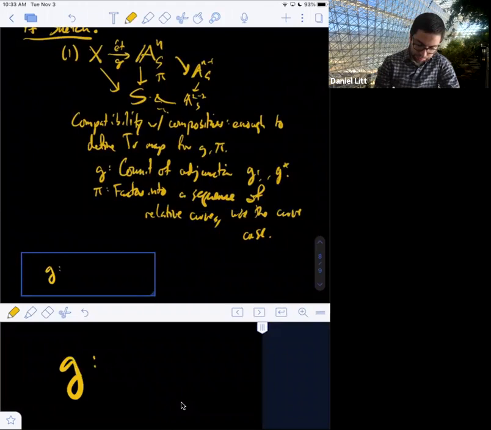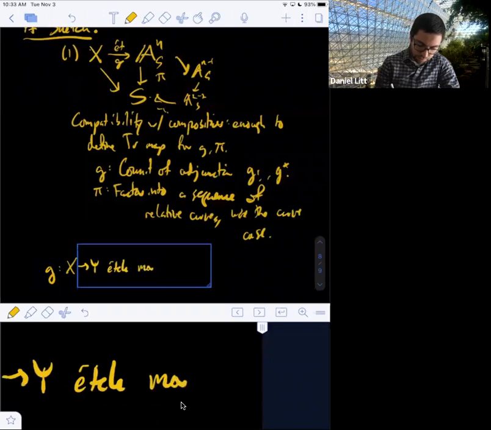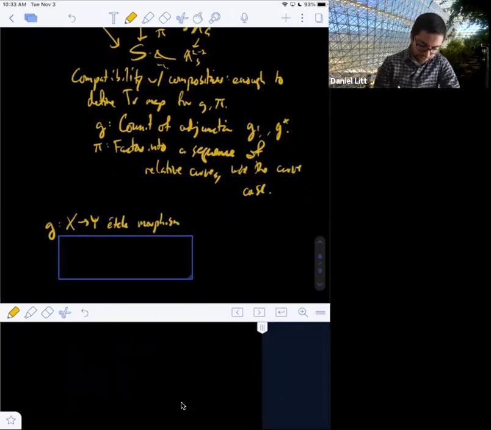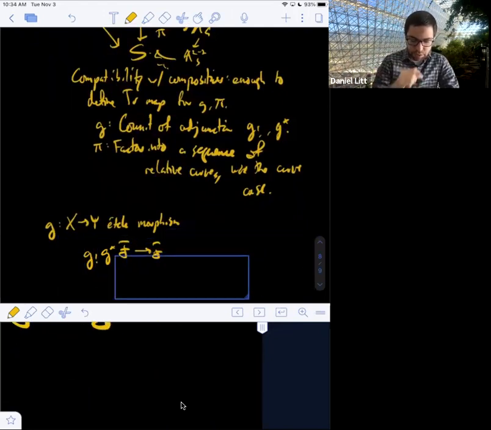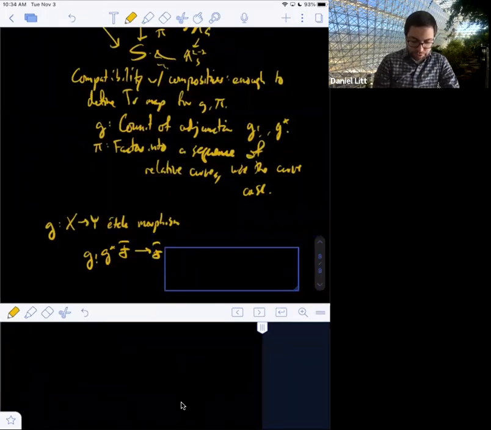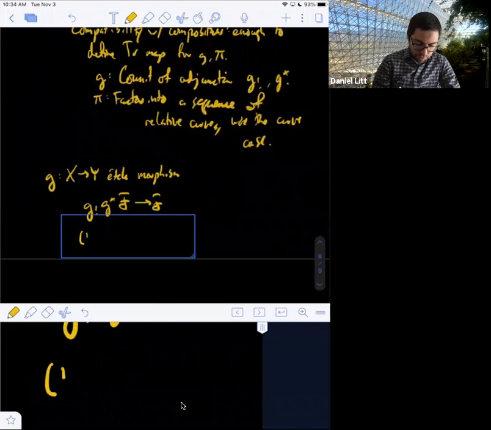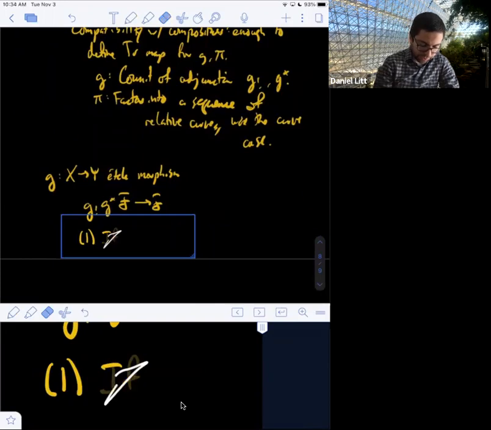So here, G from X to Y is an Étale morphism. The claim is that there's a natural map from G lower shriek of G upper star F to F. So can anyone tell me what it is? So there's two possibilities. Here we need to define this.